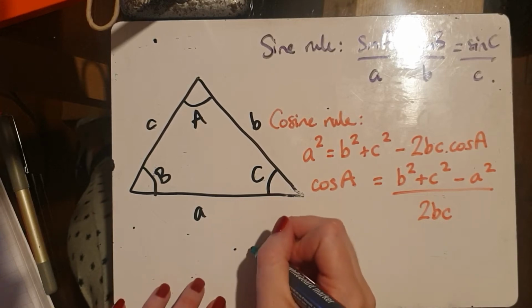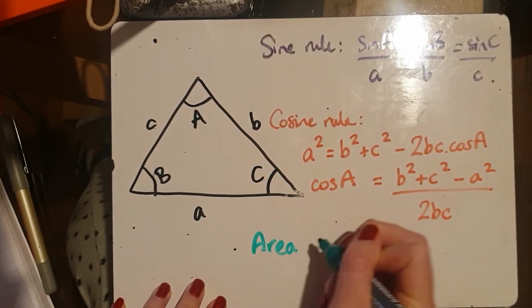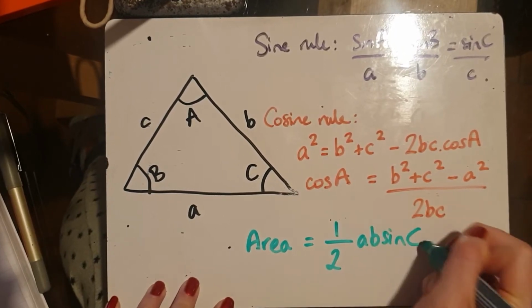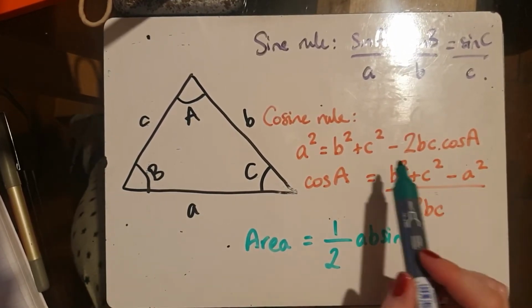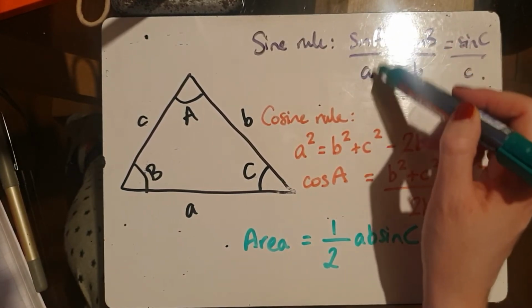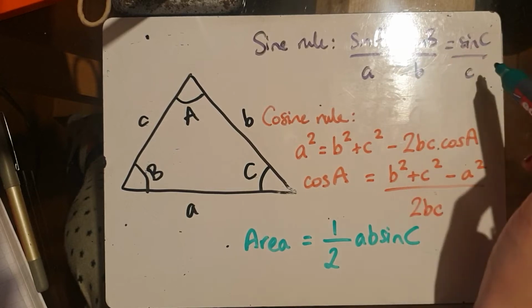Finally, the area of any triangle is going to be half ab sine C. Now, all of these, well, this one you can't really start switching them around because if you replace A with another letter, you just get another part of the equation.